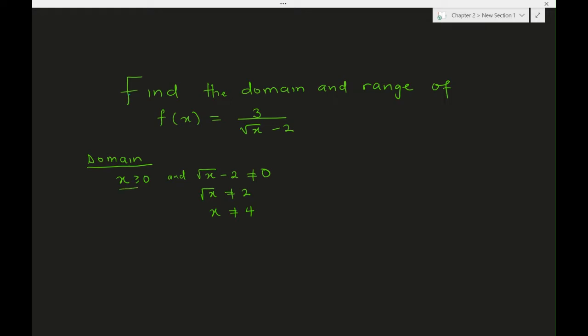So we have these two conditions. Let's put them together. If you have your number line, this is 0. x greater than or equal to 0 is this one, right? But we have that x cannot be equal to 4. So here is 4, so it has to be open.